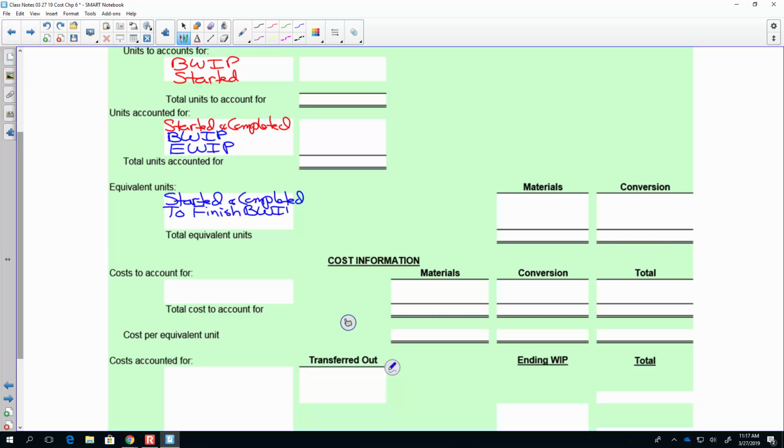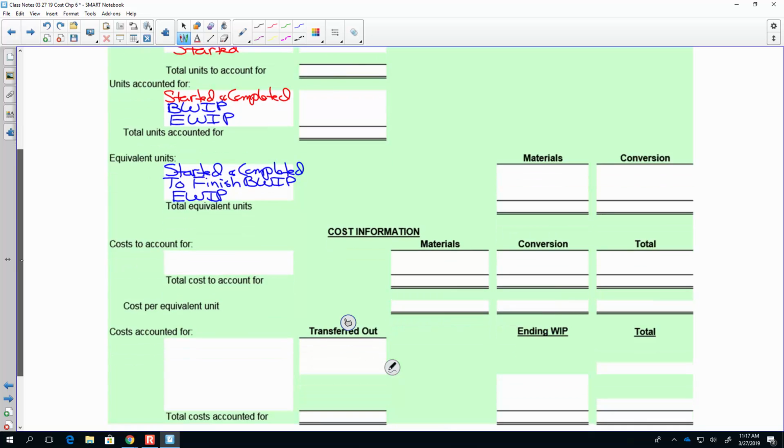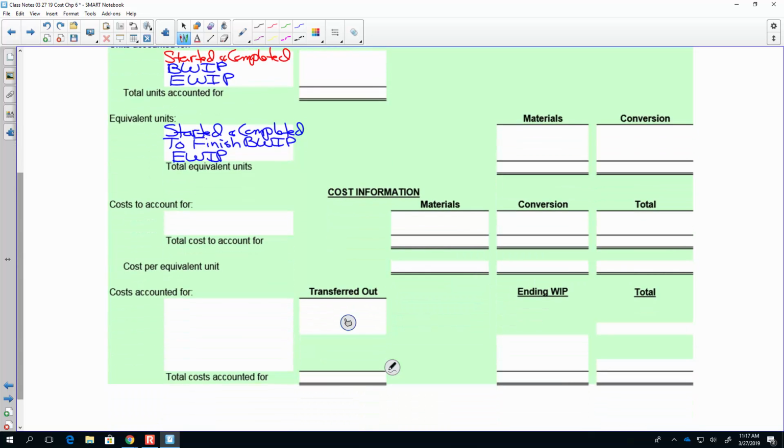And then ending with. Going further down, step 3, beginning with and current. Now I'm going to put a dollar sign on here. So step 3 is the start of our dollars, dollar information, cost information.